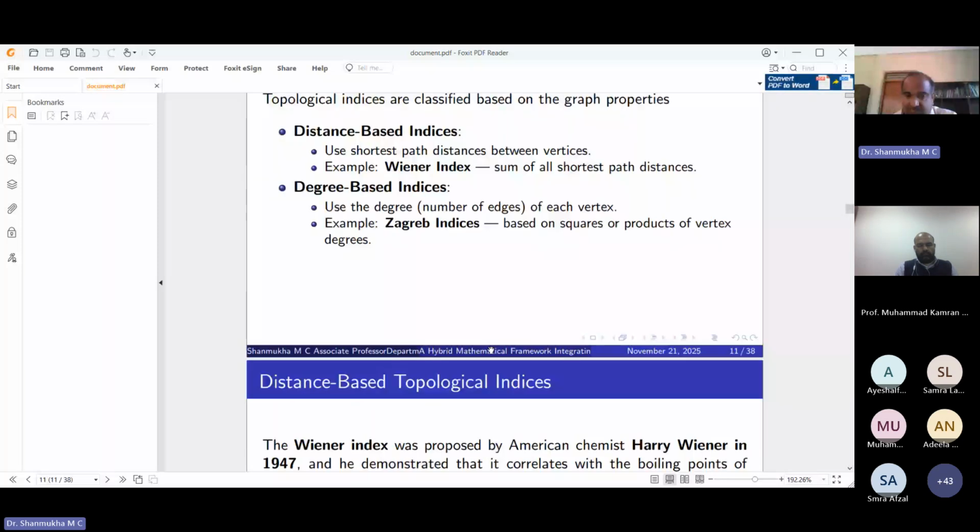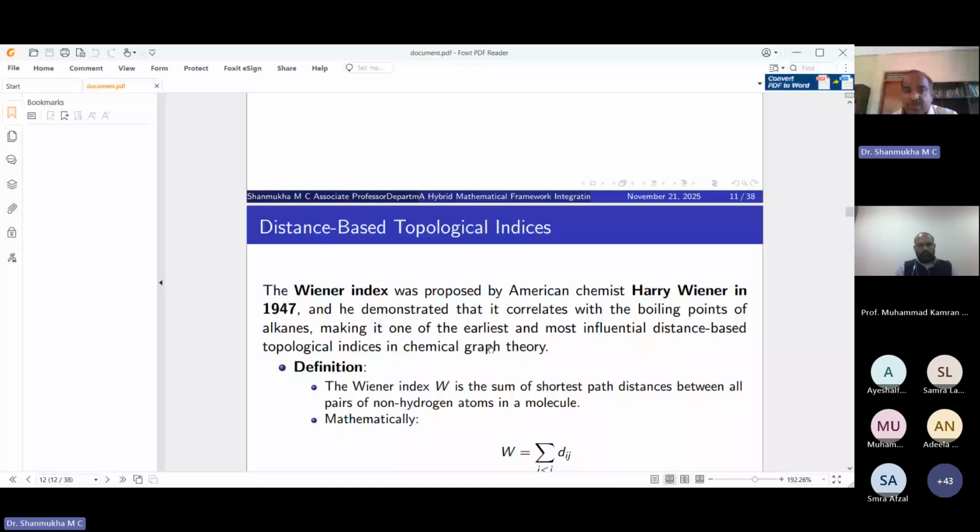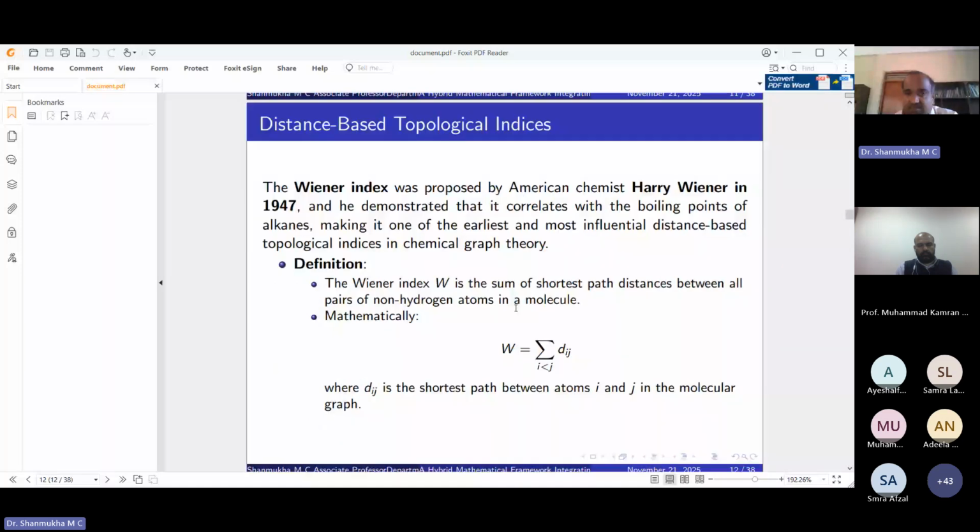Then distance based topological indices. The Wiener index was proposed by the American chemist Wiener in 1947, and he demonstrated that it correlates with boiling points of alkanes, making it one of the earliest and most influential distance-based topological indices in chemical graph theory.